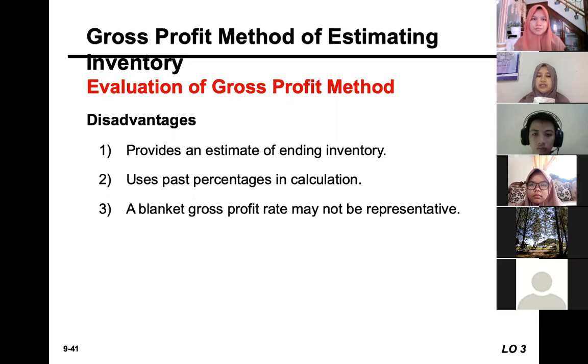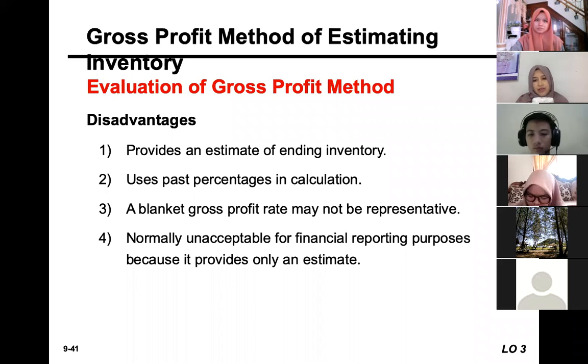We don't consider each product's gross profit. We take the average gross profit for all products. So that's what it means by a blanket gross profit. So it doesn't really represent the information for each individual type of inventory.